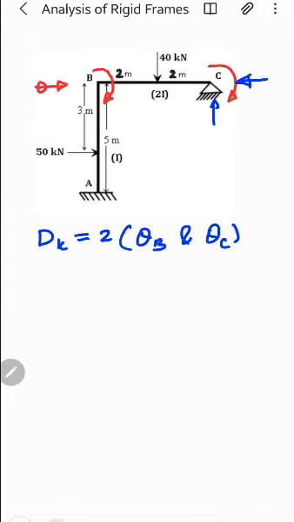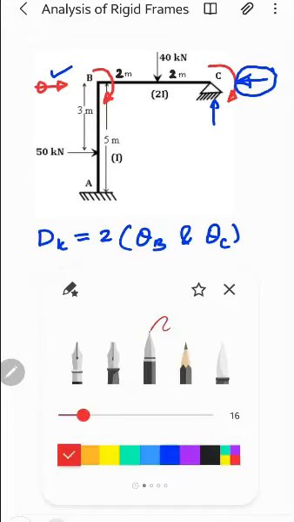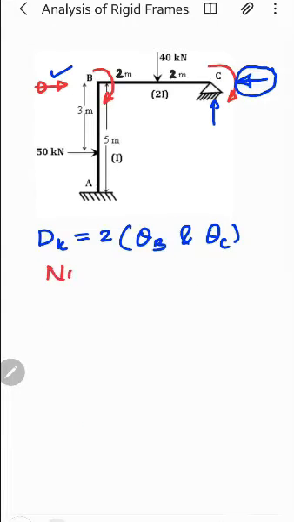so this reaction will take care of this sway. Therefore it is a non-sway problem. Is it clear? So this problem is a non-sway problem, so you have only two deformations, which are theta B and theta C. Clear?